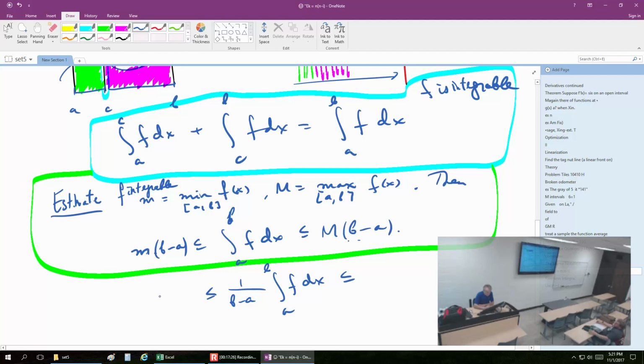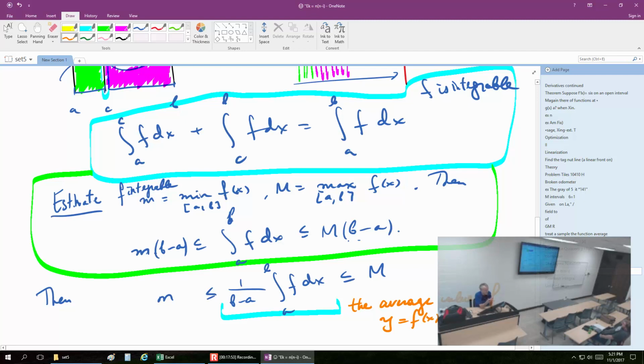It will be between m and capital M, right? So then what is the meaning of this number in the middle? And the answer is, it is a concept that is introduced based on the concept of integral. It is called the average value of f, of y equals f of x.